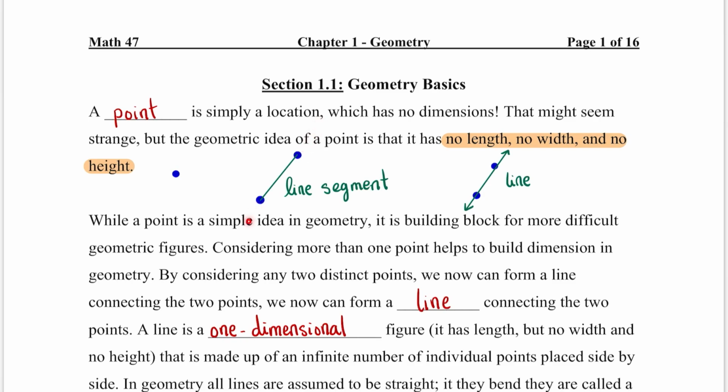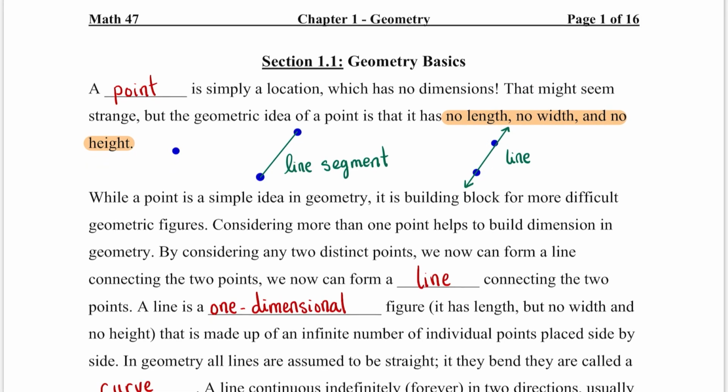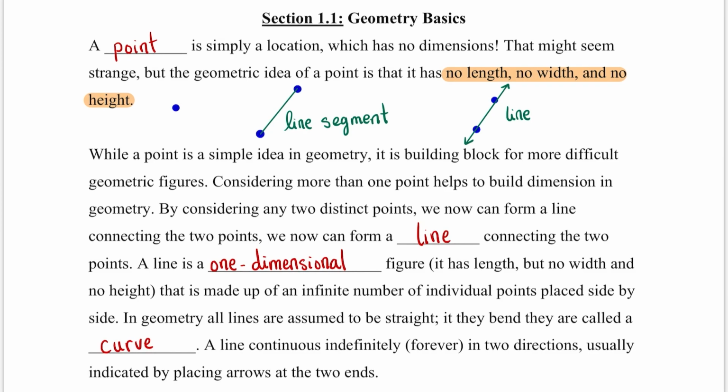It doesn't go beyond. The line will connect the 2 points, but it does go beyond the 2 points. A line is one-dimensional. It has a length, but it has no width and no height.